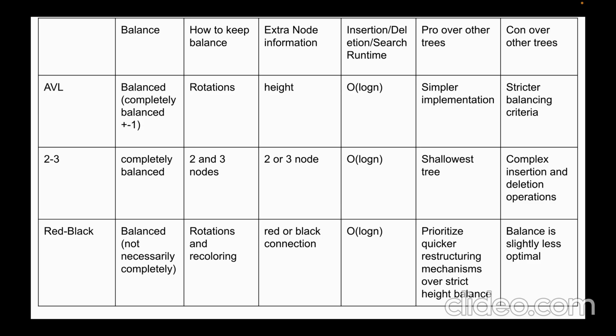The thing about 2-3 trees is that they have a lot of complications in maintaining the code, with complex insertion and deletion operations. When we talk about red-black trees, they prioritize quicker restructuring mechanisms over strict height balance, which is a pretty great pro for them. But the bad thing about red-black trees is that balance is less optimal than AVL trees comparatively. Overall, all three trees have the same runtime of O of log n.